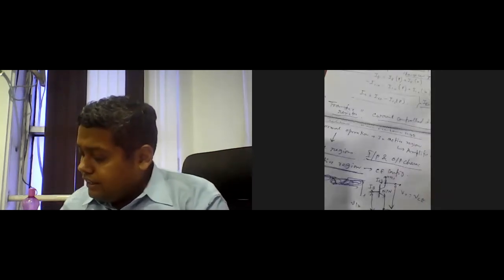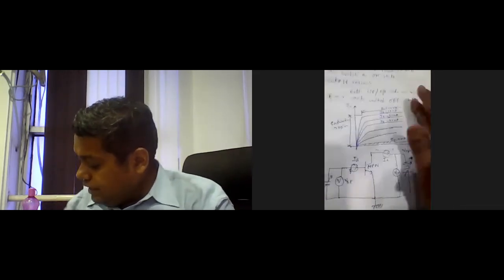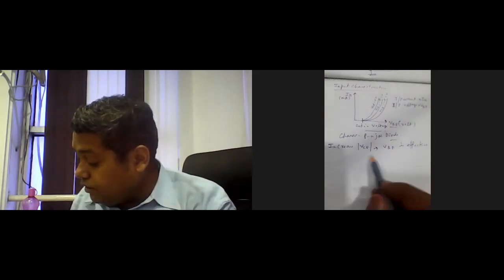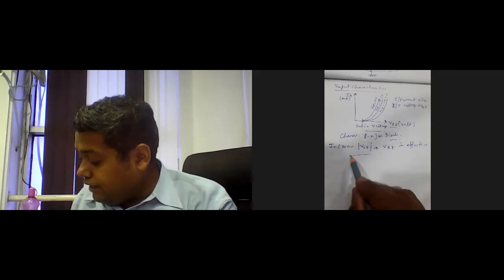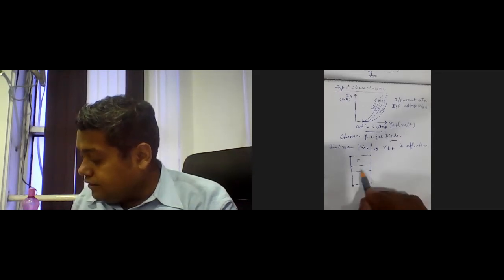If we consider VCE, this is a common emitter configuration. If we consider the base to emitter and collector to emitter configuration, it is an NPN transistor. This is the collector, this is the base, and this is the emitter.